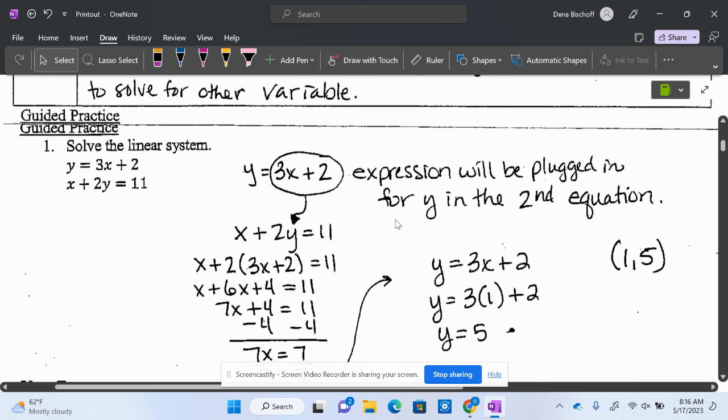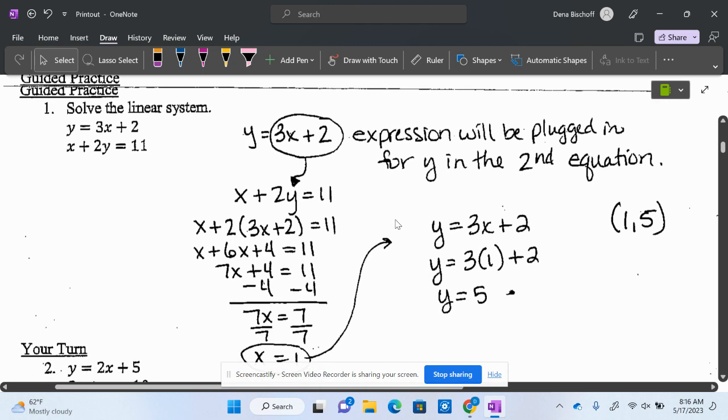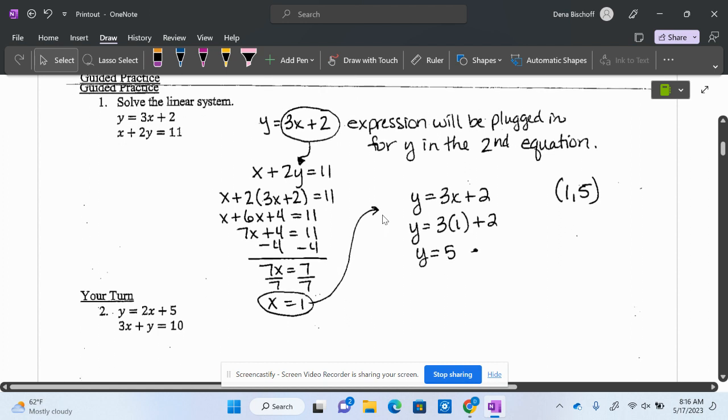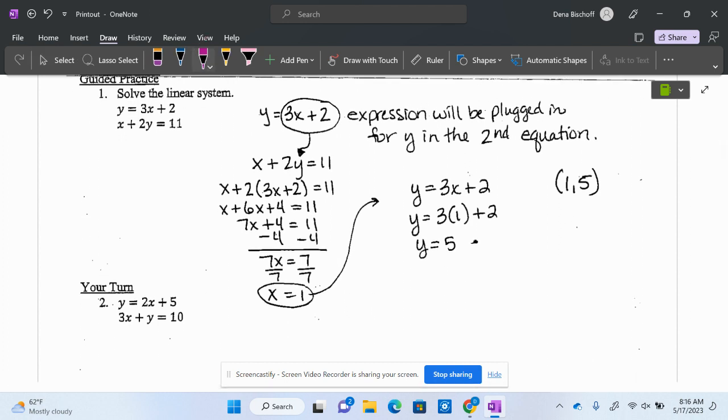So the first one, guided practice, we're just going to walk through it. We're just going to kind of talk through this one, okay? So here's our system. A system is just two or more equations with the same variables. So there's our system. Y equals 3x plus 2 and x plus 2y equals 11. So y is already all by itself.